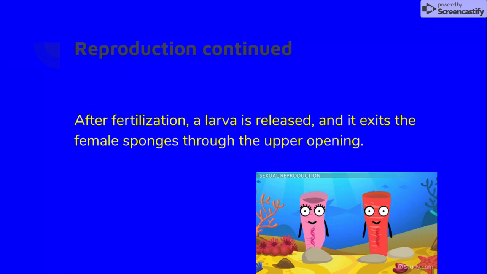Reproduction, continued. After fertilization, the larva is released and it exits the female sponge through the upper opening. So the young sponge exits right here. I'm assuming this is a female, because of the bigger eyelashes here in pink.